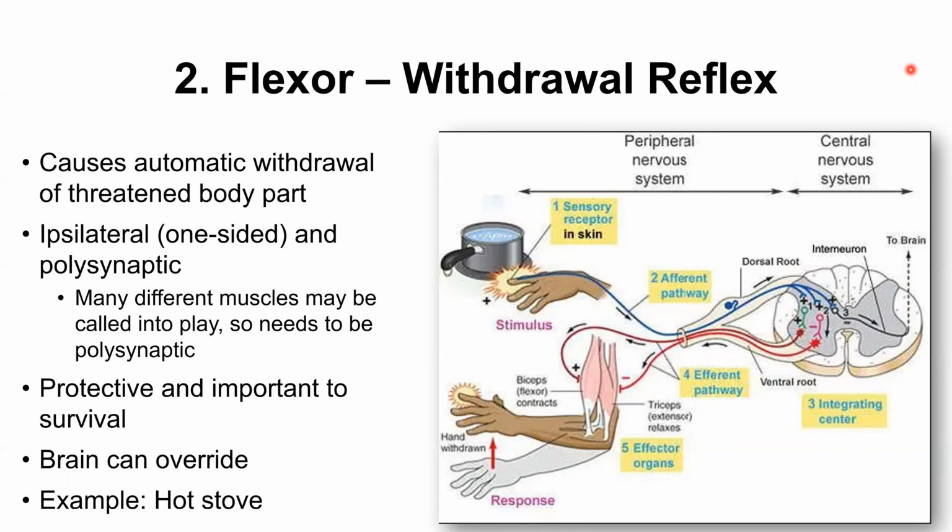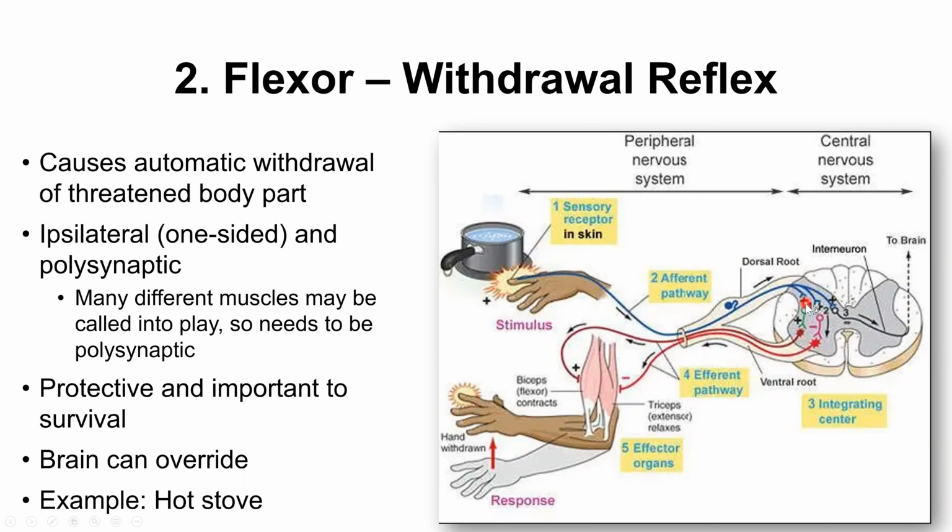So the example here that I'm going to give you guys is a hot stove. Okay, so the stimulus here is we're going to have our sensory receptor on the skin, and say you put your hand down on a hot stove. That is going to stimulate those receptors and send us a sensory signal through the afferent pathway up to the spinal cord at whatever level this is going to enter the spinal cord. Okay, and then we have multiple different synapses occurring.